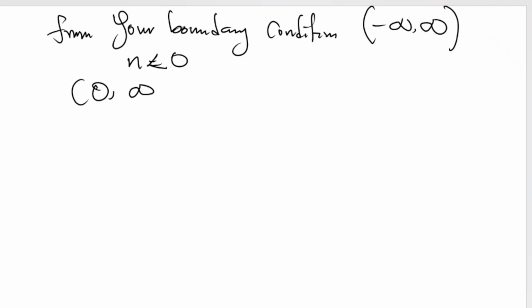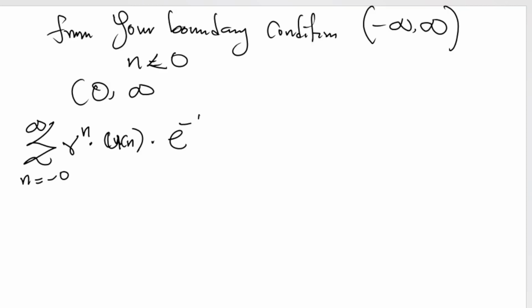So from your question, you now have your frequency domain, which is sigma infinity, that n will now be equal to minus 0. What will you have here? r raised to the power of n multiplied by u of n, right? Multiplied by exponential minus jwn. Are we together?